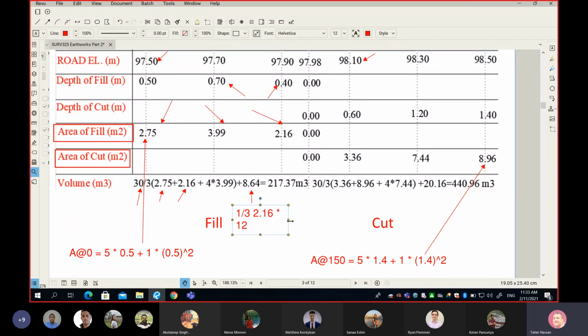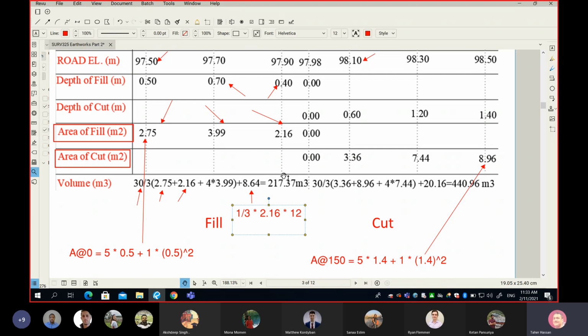Okay. How do we get the 8.64? This is the volume of the pyramid. 1/3 the area of the base, which is here. So this is the area of the base, 15 multiplied by the height, which is 12 meters. So this is how we find it. So you add them together, you'll get 217, and this is your volume.